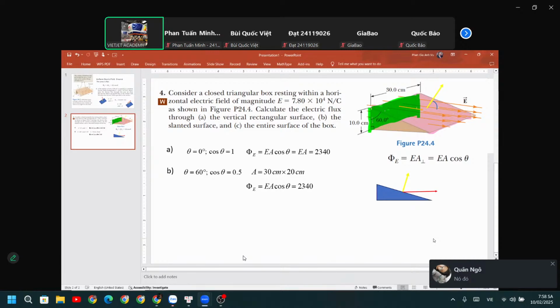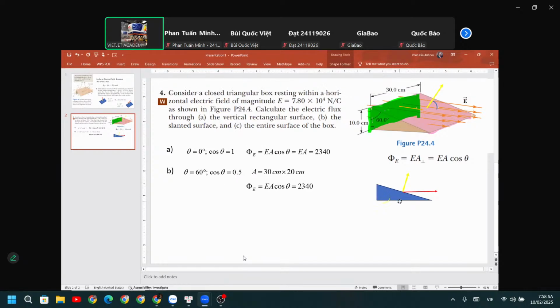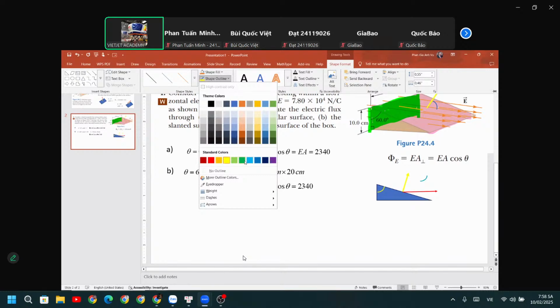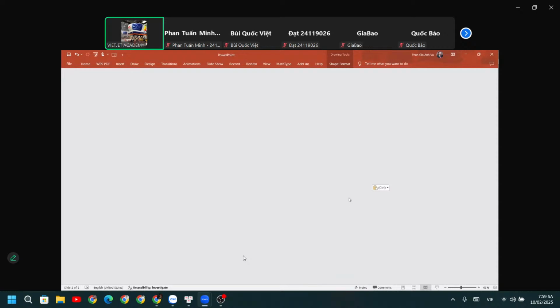So the angle made of this and this will be exactly this angle, right? The same. So you get 60 here and 60 here.